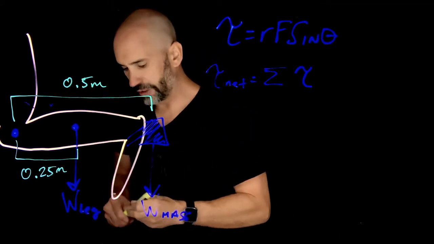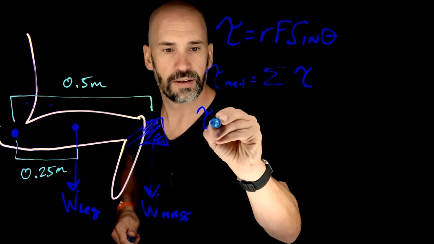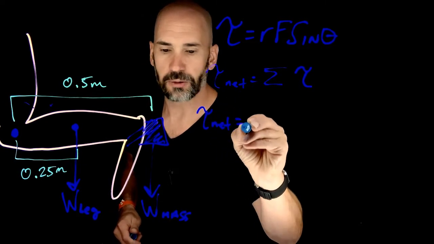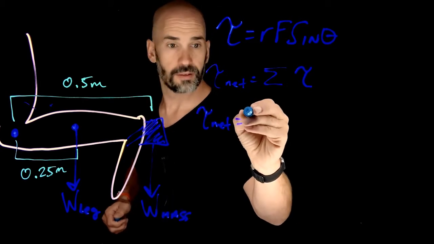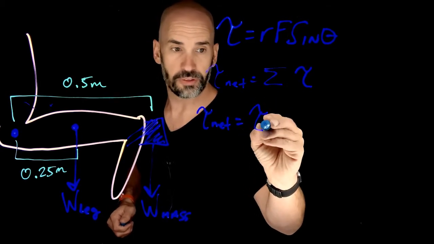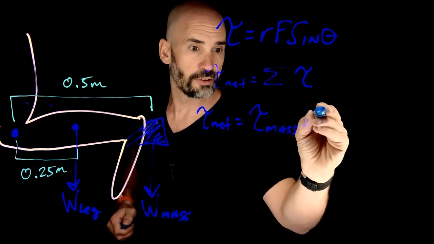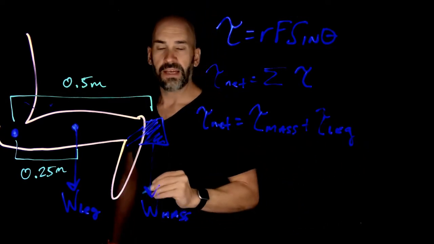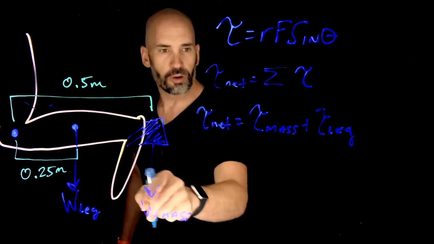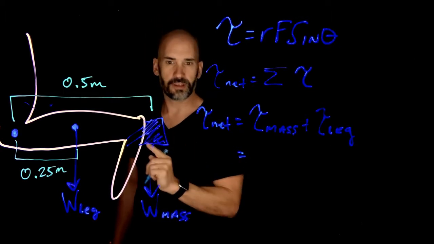So I can really say that the net torque is going to be equal to the torque due to the mass plus the torque due to the leg. Now, for the torque of the mass, the first thing we have to ask ourselves is, is it a positive or negative torque?